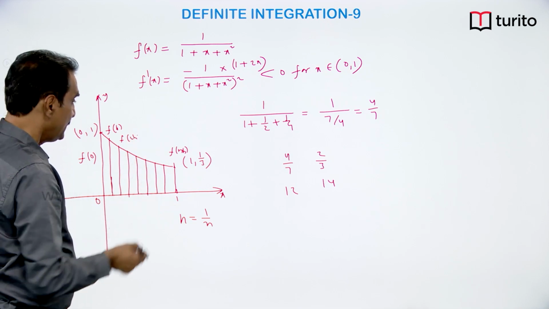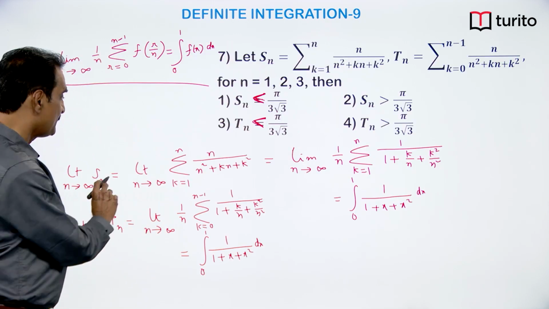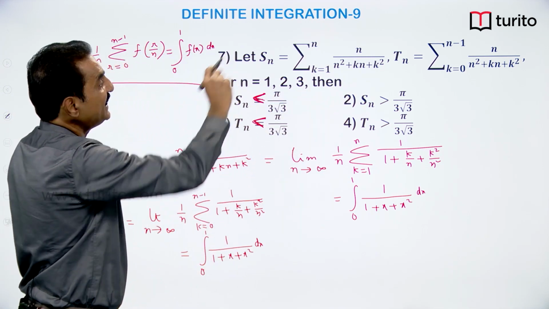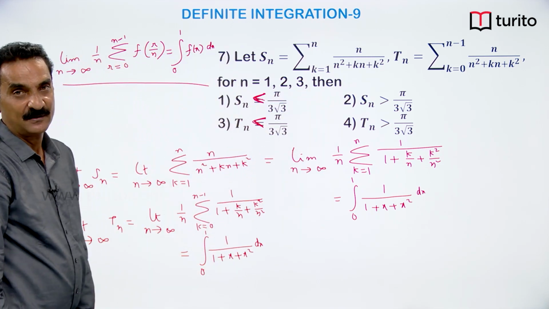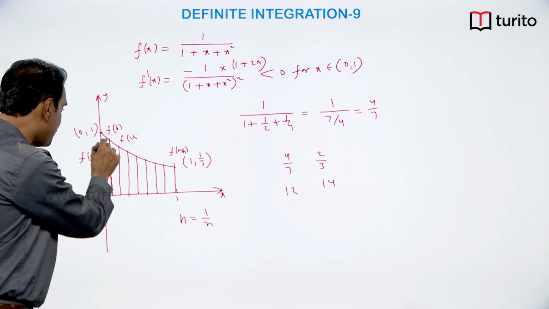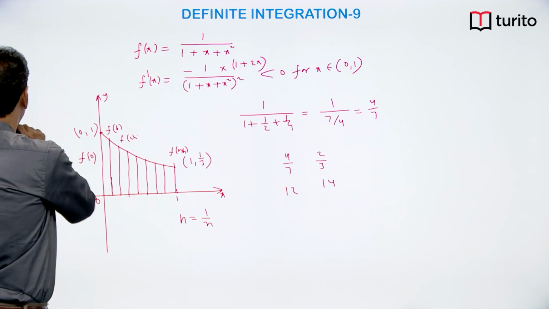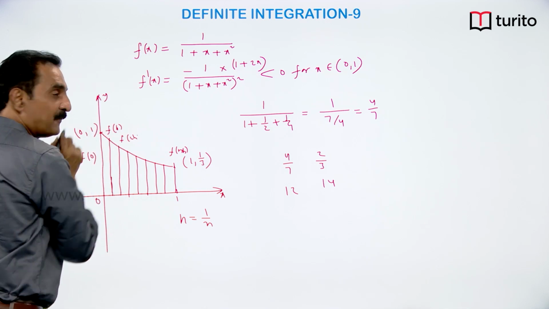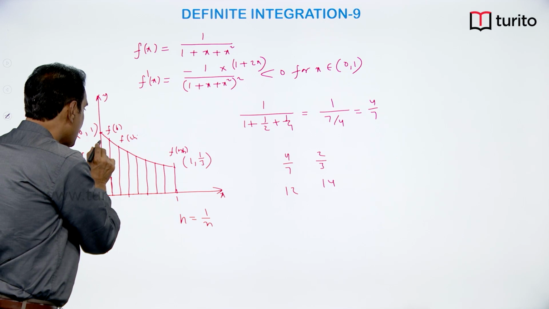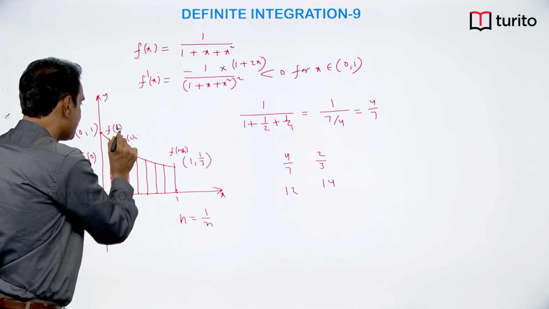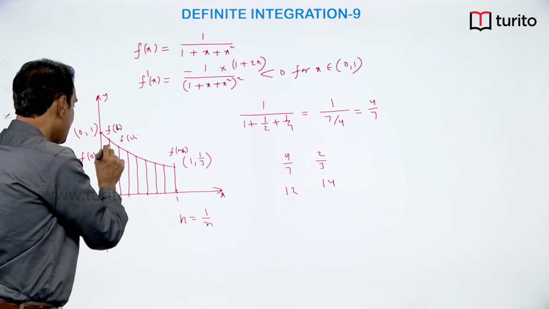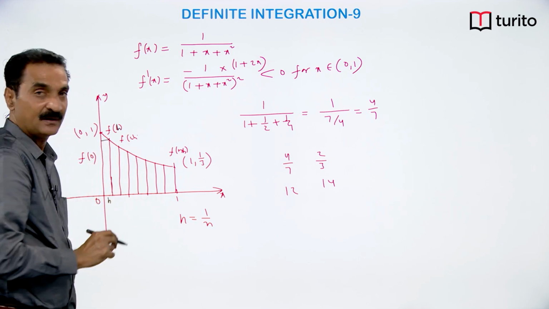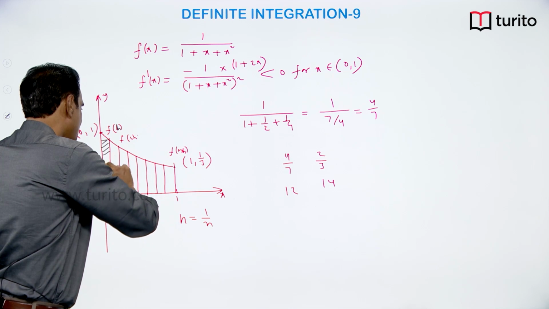Now, in Sn, k varies from 1 to n, means you are starting from the second ordinate. If you start from the second ordinate, f of h into this h, this area.